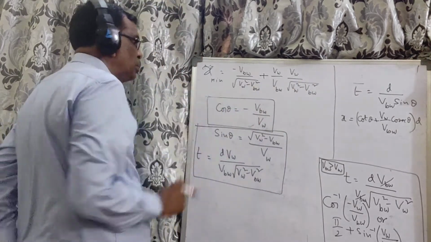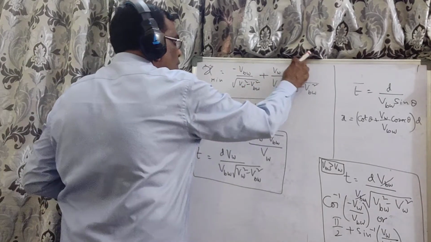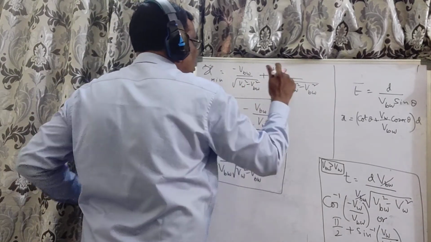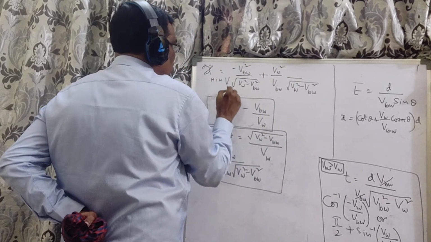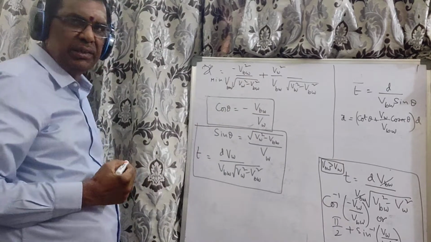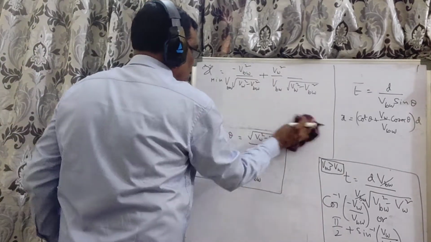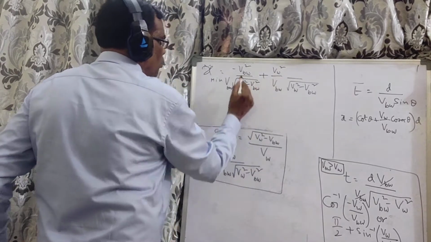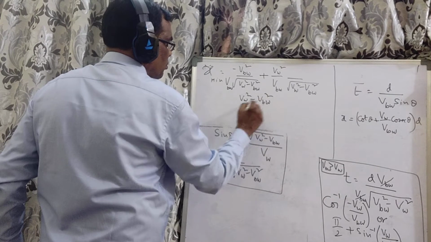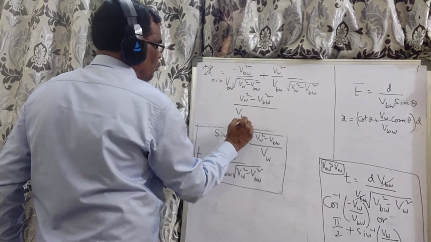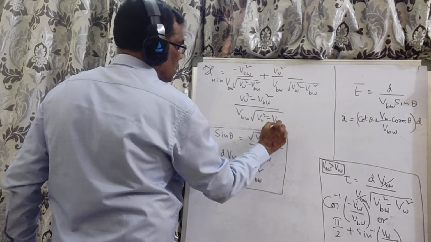It's a mere substitution. Now this becomes VW square. I am writing it here. Multiply and divide with the VBW so that value doesn't change. Denominator is same. Now you can write VW square minus VW square, whole divided by under root of all this.